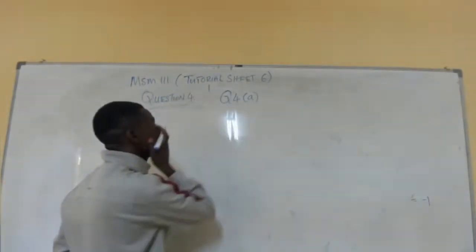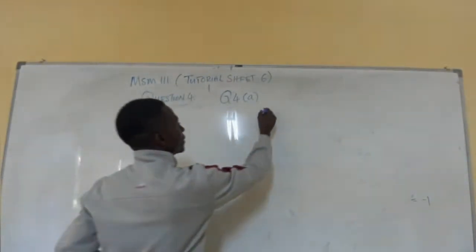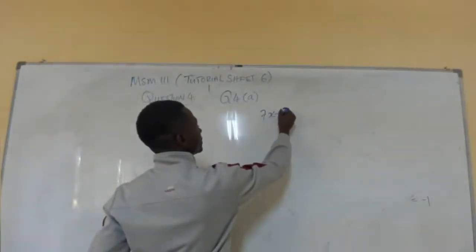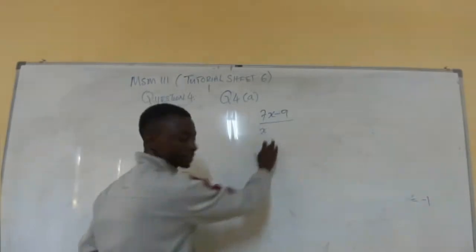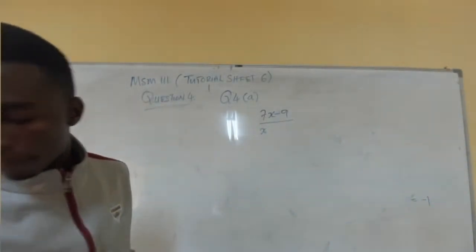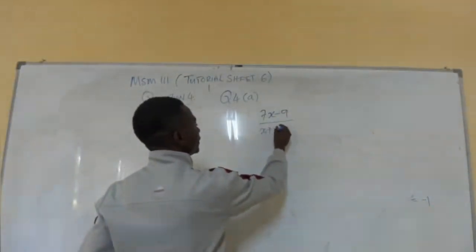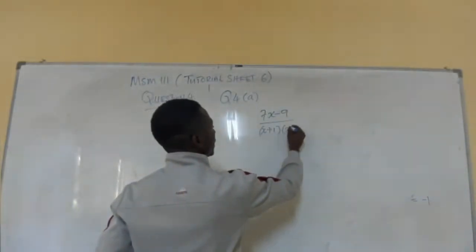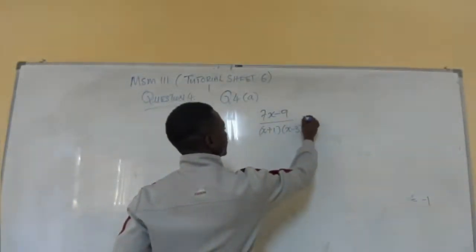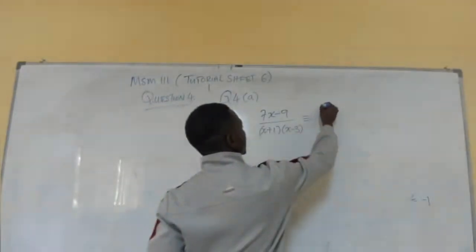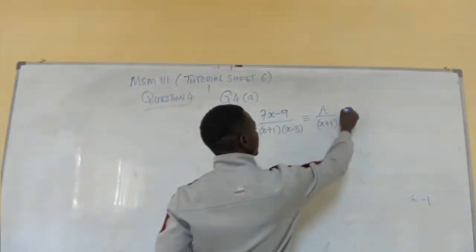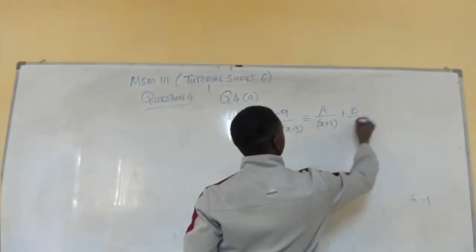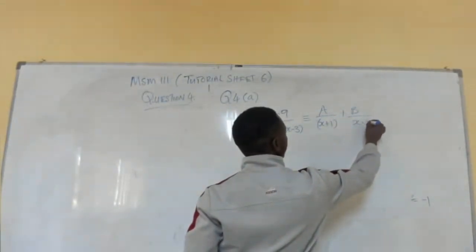So resolving the partial, we have 7x minus 9 over x plus 1, x minus 3. So we are saying this is expressed as a over x plus 1 plus b over x minus 3.